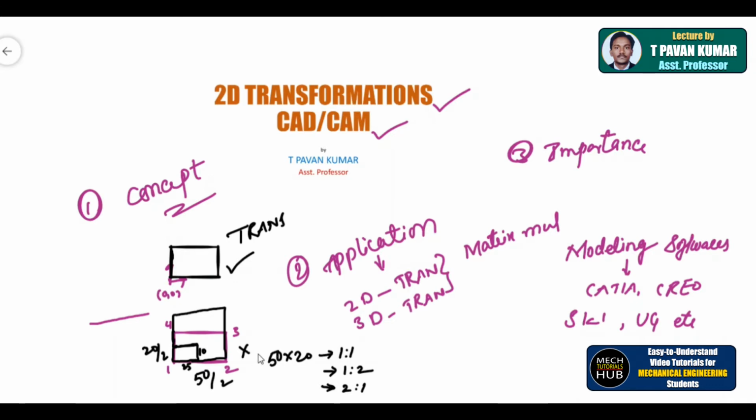So you directly find a tool or an icon by the name move, by the name mirror, by the name scaling. Accordingly pick that command followed by the entity and do the necessary operation. You find all these applications in these particular softwares, CATIA, Creo.